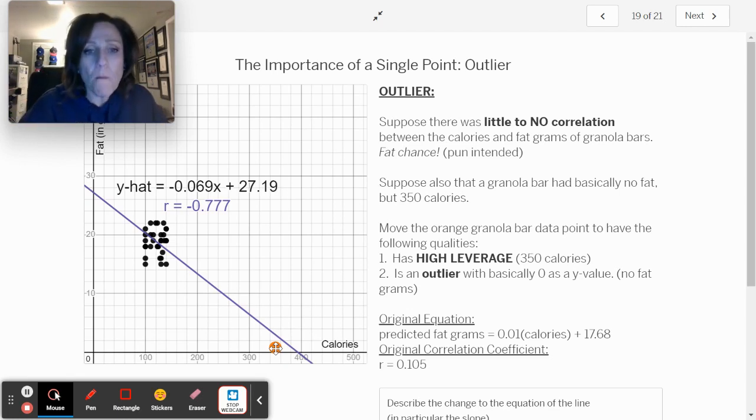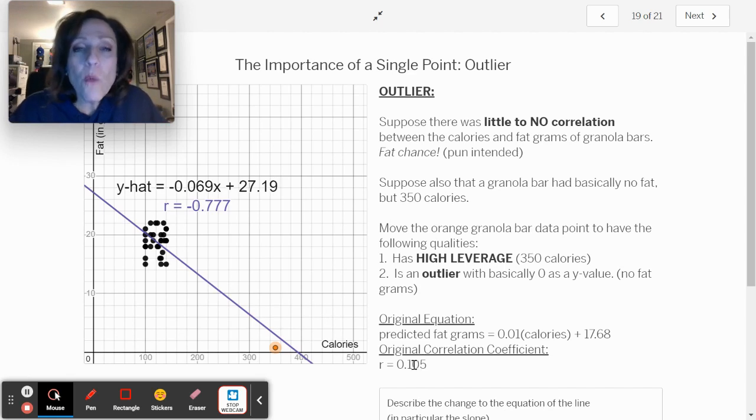That's an outlier. But whoa, holy cow. I want you to study what has just happened to that slope and the y-intercept and that correlation. For reference, I put what the original slope was, 0.01. Look at what you got now. The original y-intercept, 17.68. Look at what you got now. The original correlation was super weak.